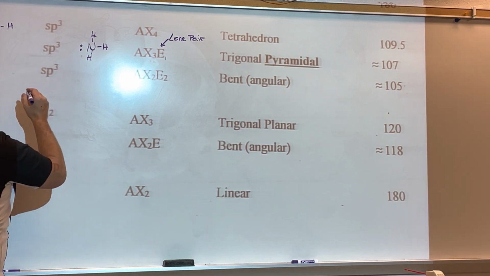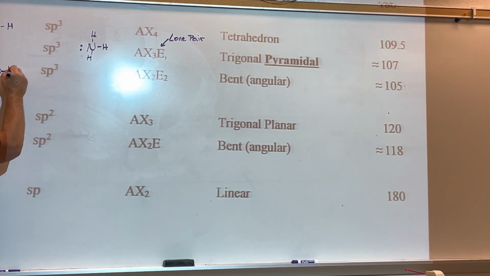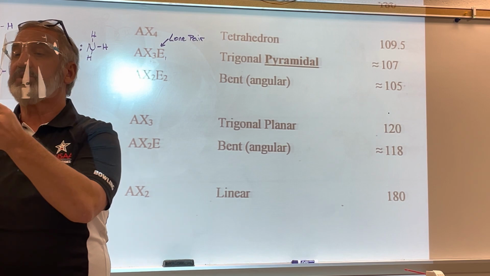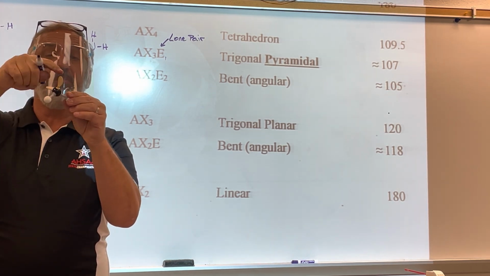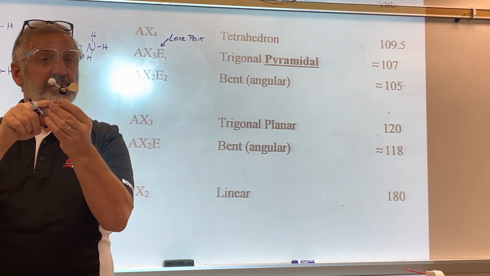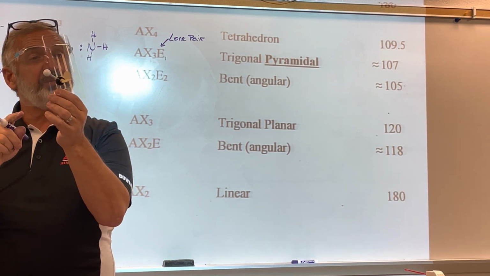And then water looks like this, and there's my molecule. Okay, water has 2 lone pairs. So the oxygen is in the center, but the lone pairs are still at the points of a tetrahedron. But we say the shape is bent.